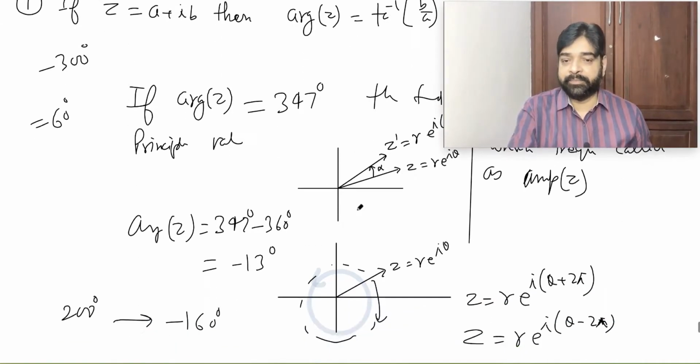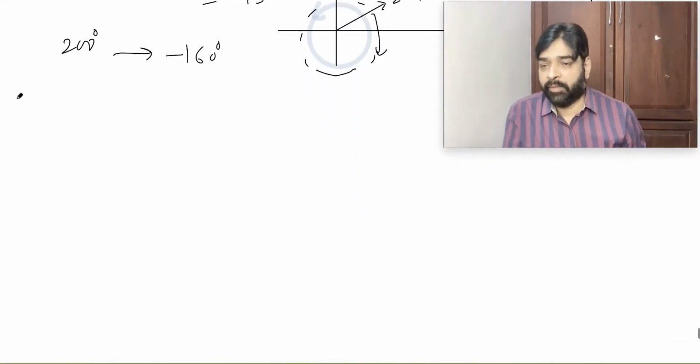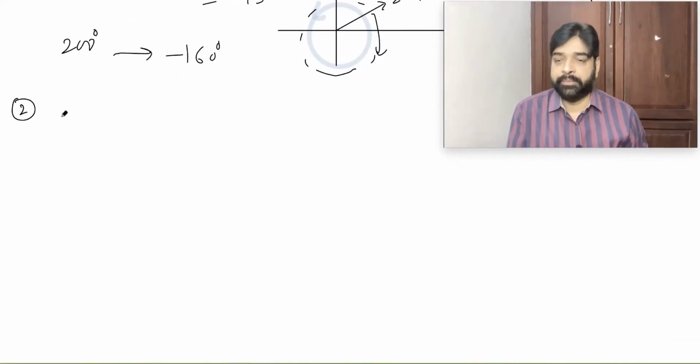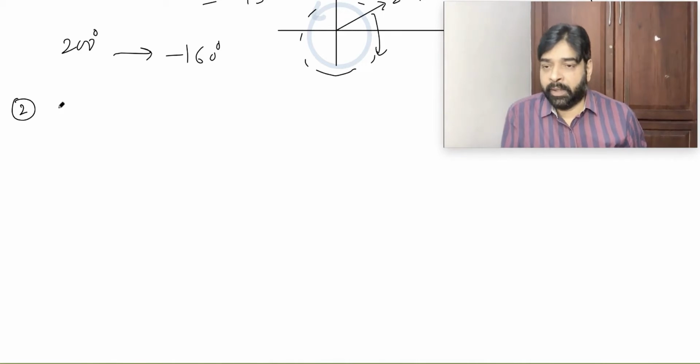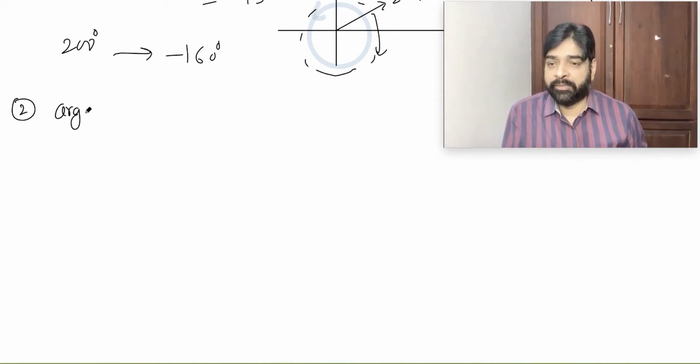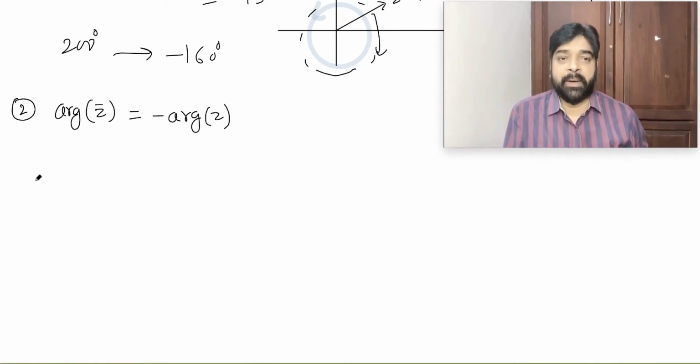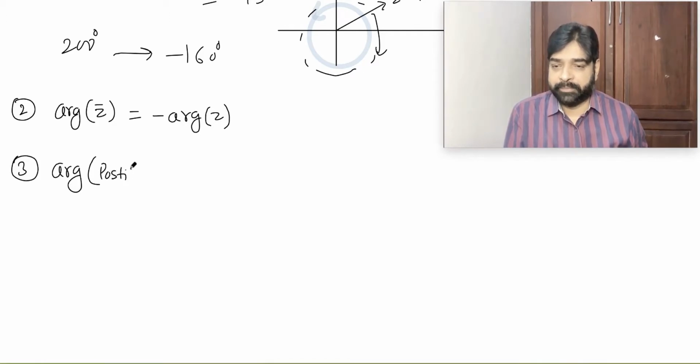Next property, the second one: argument of Z bar is minus of argument Z. We discussed this point in the Z bar property. Third, argument of a positive real number.